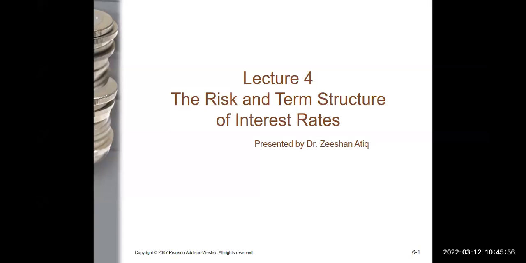The longer the time period of the bond you buy, the higher the interest you get. Or for the longer term, if you want to borrow, the higher interest you have to pay. Why does this happen? Of course, this has a very intuitive explanation, a quite general explanation for why people charge higher interest rates when they lend for a longer period of time, or why people pay higher interest rates when they borrow for a longer period of time.